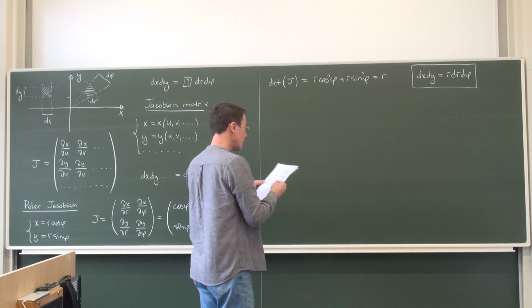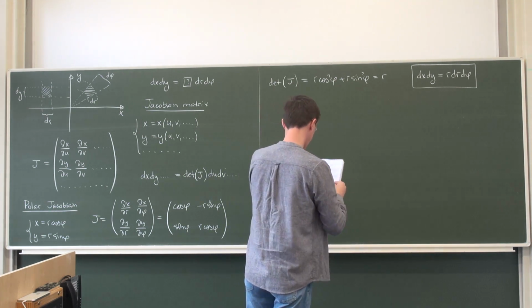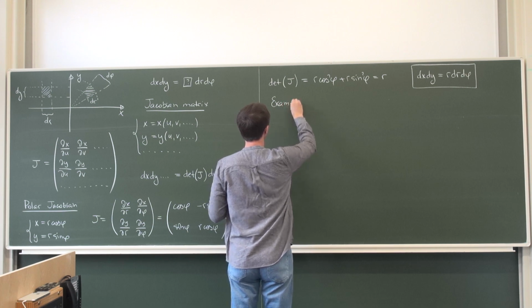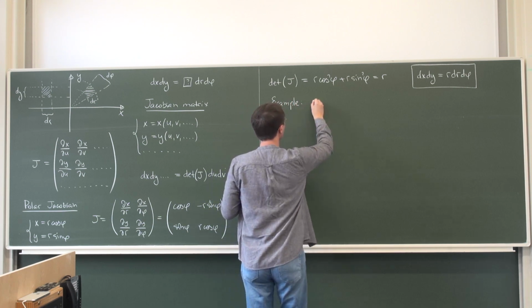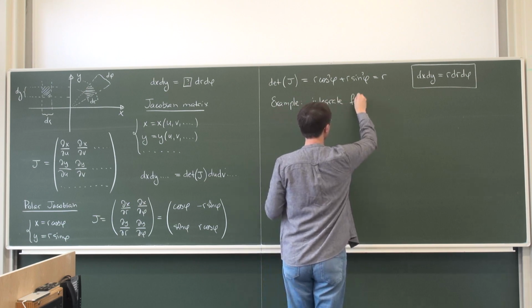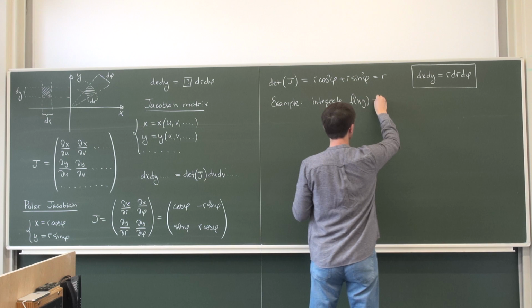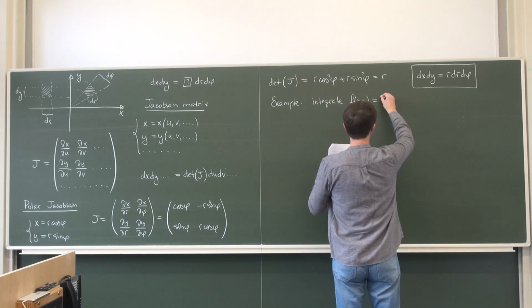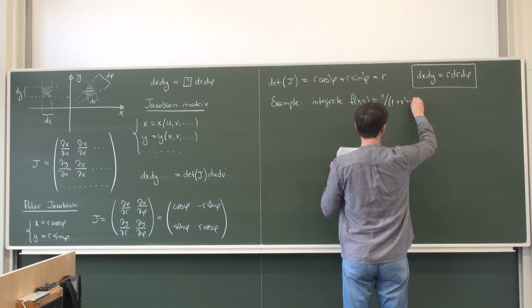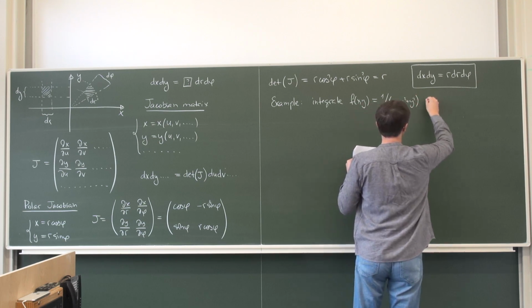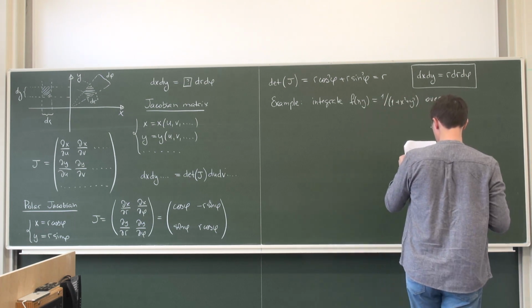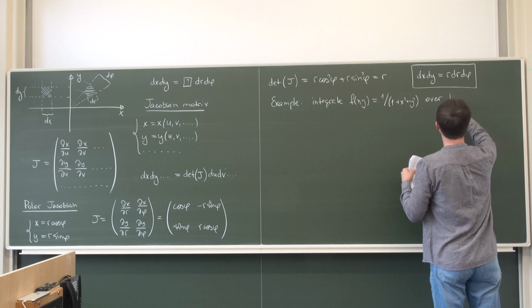Okay, so example: integrate f of x, y equals 1 over 1 plus x squared plus y squared over the unit disk.